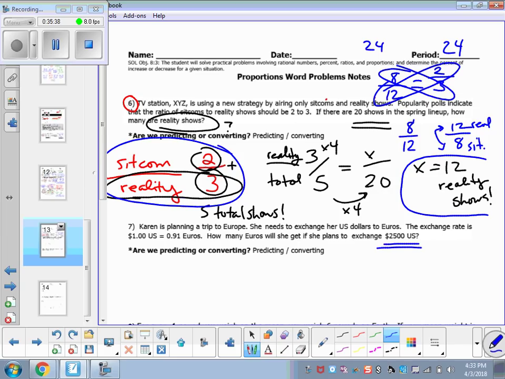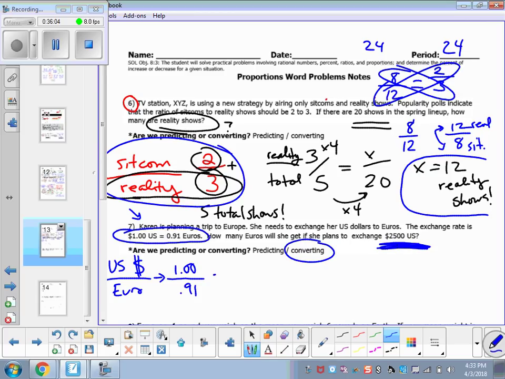All right. When you're traveling abroad, oftentimes you do need to convert your money. It looks like here Karen has set aside $2,500 to spend on her trip. What we've been given is that $1 converts to 0.91 euros. So we're comparing the US dollar to the euro.